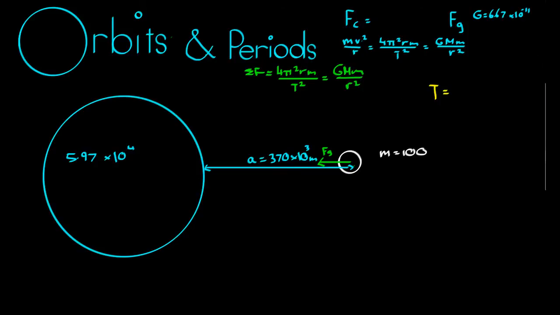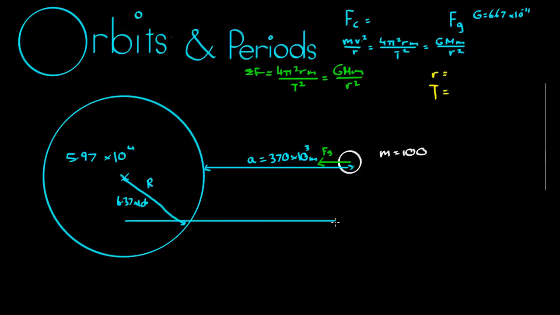The first challenge we need to complete is figuring out what is r here. So we know that altitude equals 370 times 10 to the 3 metres, but r is actually measured from the centre of one object to the centre of the other. So we've got to ask ourselves, what is the actual radius of the Earth? And that can be found, it'll be attached to these type of questions. The radius of the Earth is 6.37 times 10 to the 6.